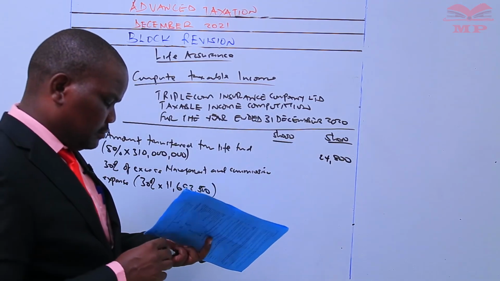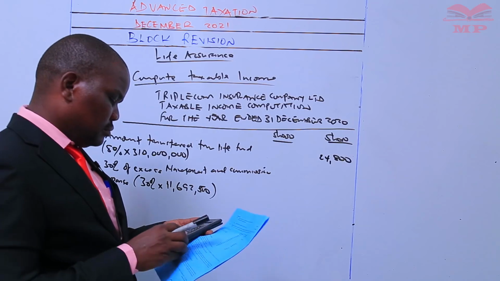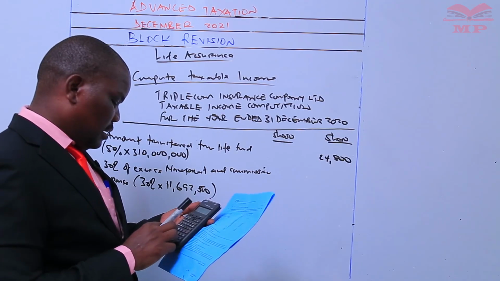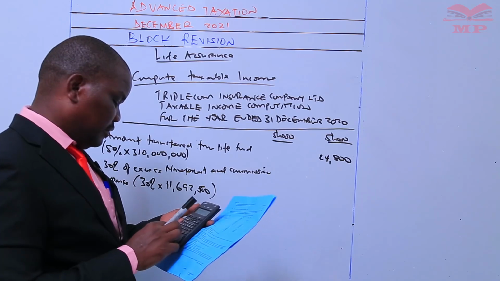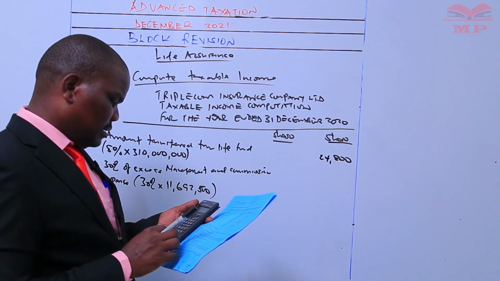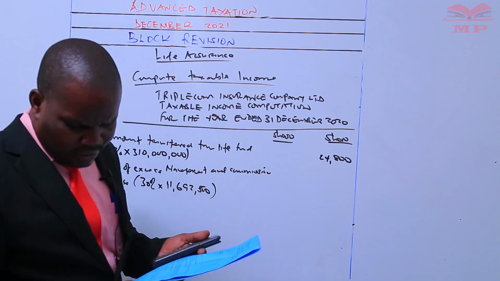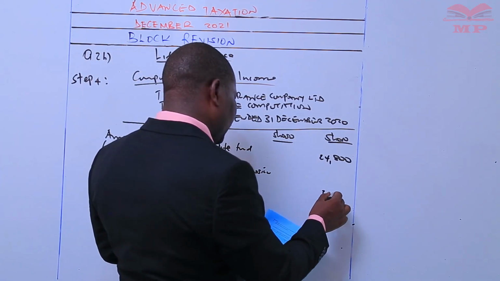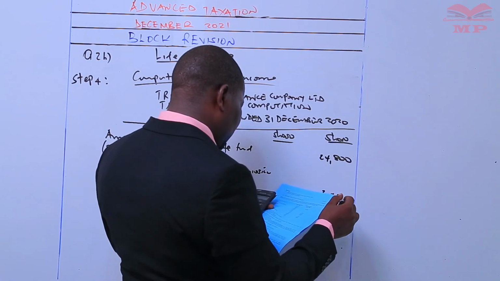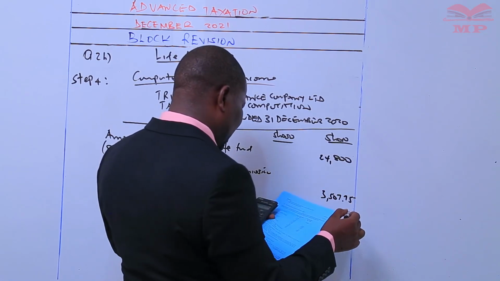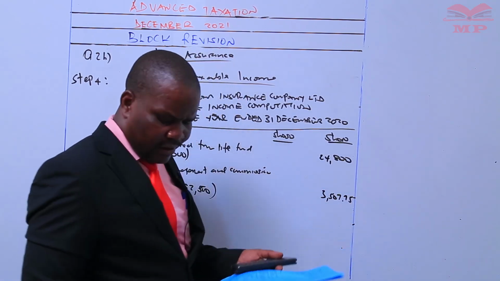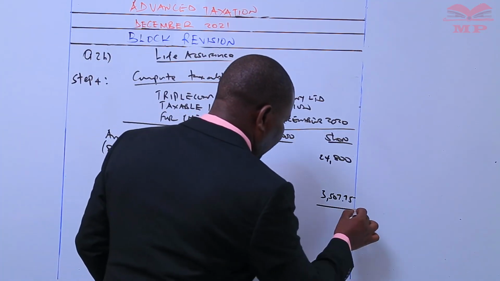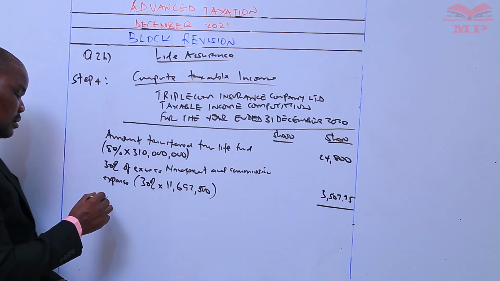You work it out. 30% of 11,692,500. I'm getting 3,507,750 shillings.